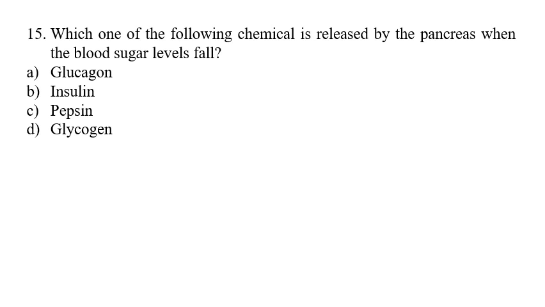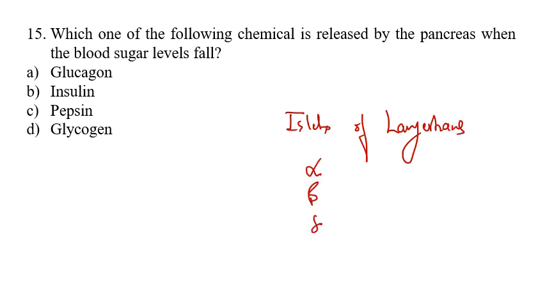Which one of the following chemicals is released by the pancreas when the blood sugar level falls? So we all know that the pancreas is a mixed or heterocrine gland because it has both components, exocrine and endocrine. The endocrine part of the pancreas is the islets of Langerhans, which have alpha, beta and delta type cells.